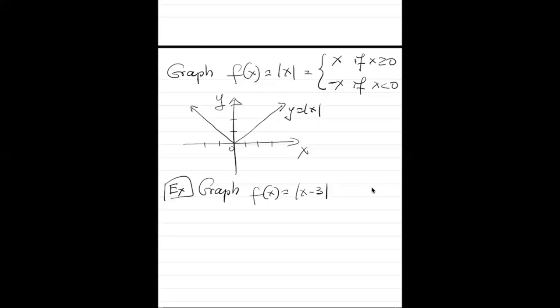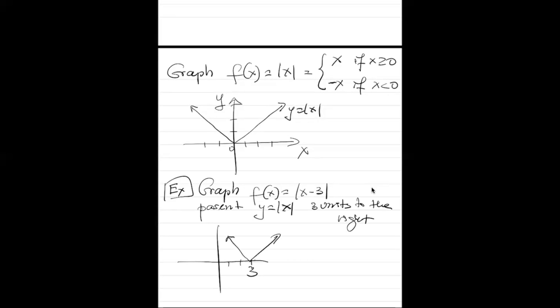From the parent function, which we know is absolute value of x, we need to shift it 3 units to the right. So that would become the same shape, the V function, but the vertex is at 3.